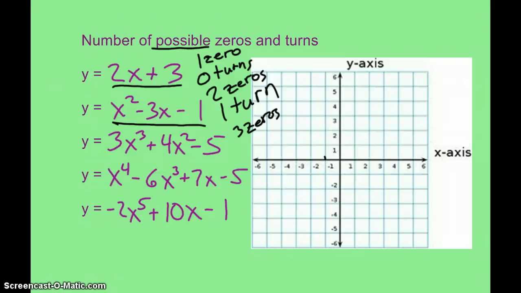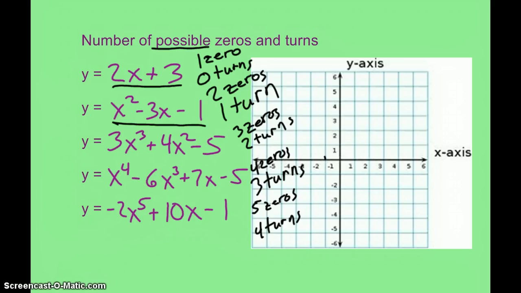A quadratic function can have 1 turn. So a cubic function could have 2 turns. We could continue that pattern. A quartic function could have 4 zeros and 3 turns, and a quintic function could have 5 zeros and 4 turns.